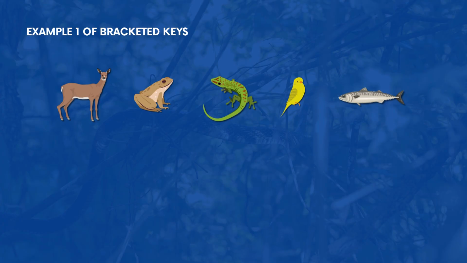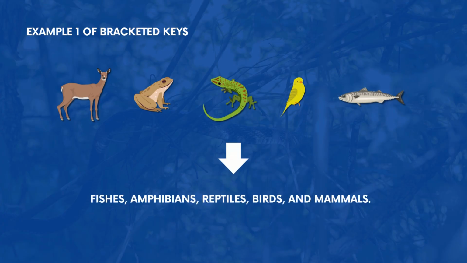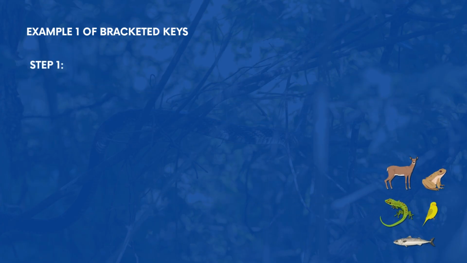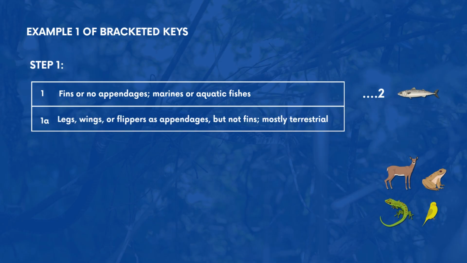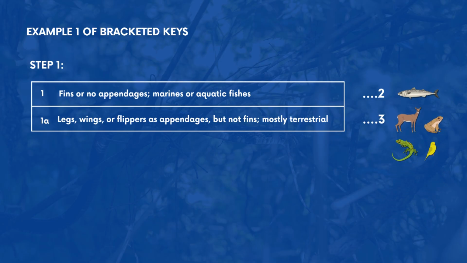Example 1 shows how a bracketed key can be used to classify animals into major groups such as fishes, amphibians, reptiles, birds, and mammals. We begin at step 1. If the organism has fins or no appendages and lives in water, we move to step 2. If it has legs, wings, or flippers instead of fins, we move to step 3.